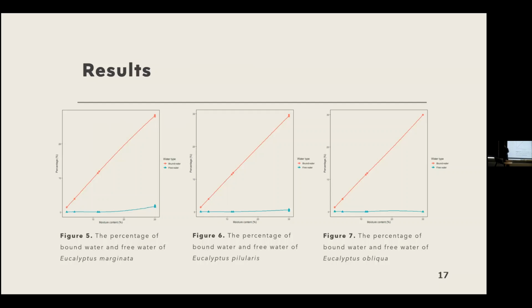The red line means the amount of bound water from the NMR test, and the blue line means the amount of free water. And the amount of free water is quite low, so we could almost ignore the collapse caused by free water.